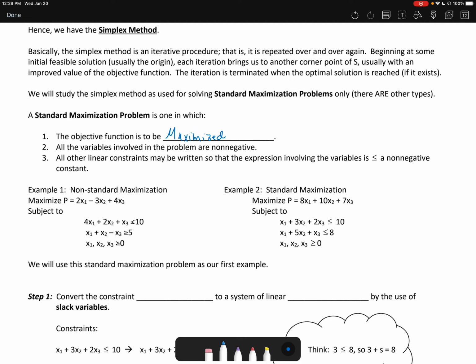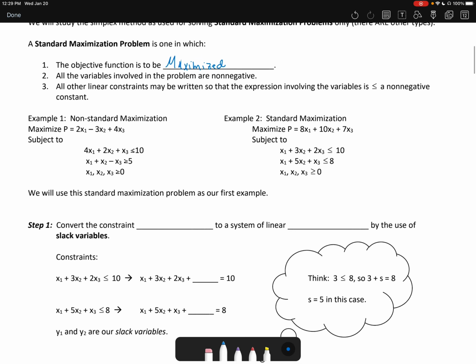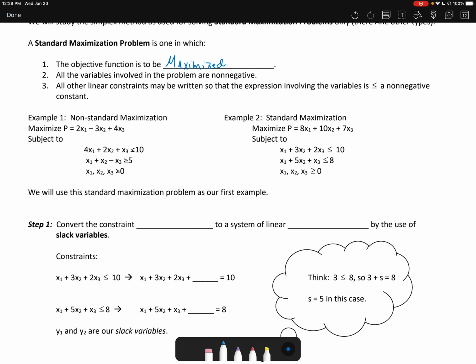And the linear constraints can always be written so that the expression involving the variables is less than or equal to some non-negative constant. Okay, so what's an example of a non-standard problem, something that wouldn't qualify? Well, we are maximizing, so that checks number one. We're assuming x1, x2, and x3 would all be positive for some reason in the context.